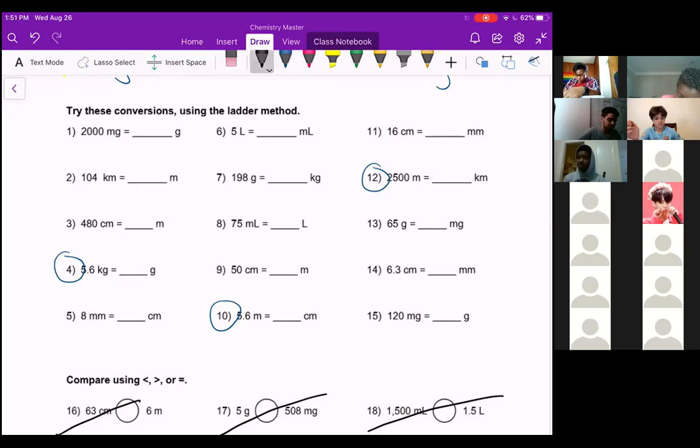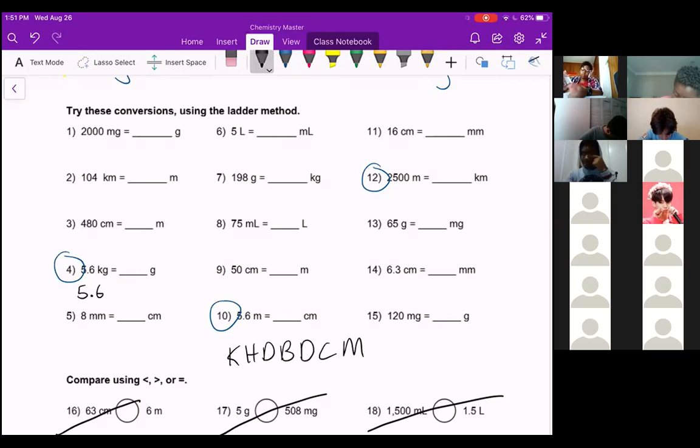King Henry died by drinking chocolate milk. All right, we got 5.6 kilograms. This one has a decimal. That's fantastic. We are in the kilo box, which would be right here, right? And we're trying to go to grams, which is in what box?